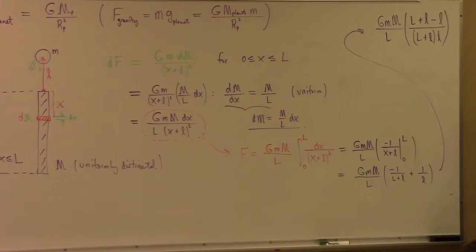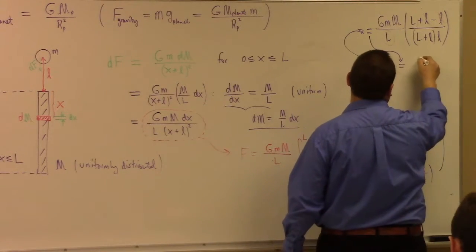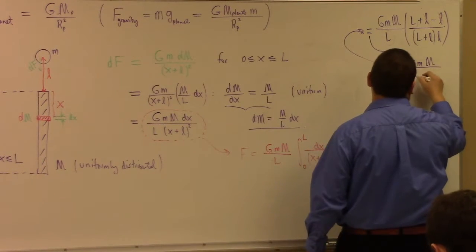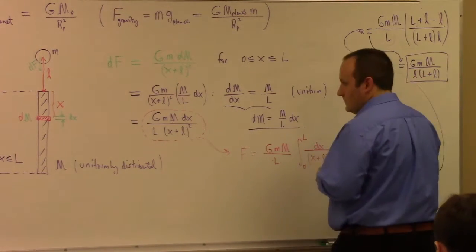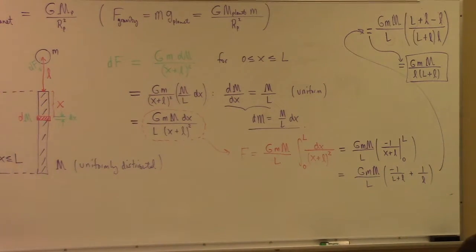They additively cancel upstairs, right? Once those are gone, then you're left with big L over big L, which cancels. And what's the answer then? We get ourselves G M divided by little l times big L plus little l. And there you go. That is the force.